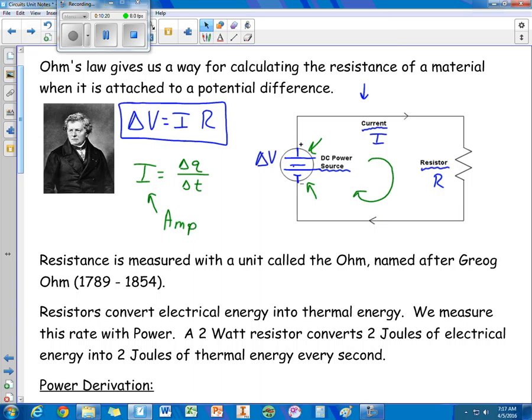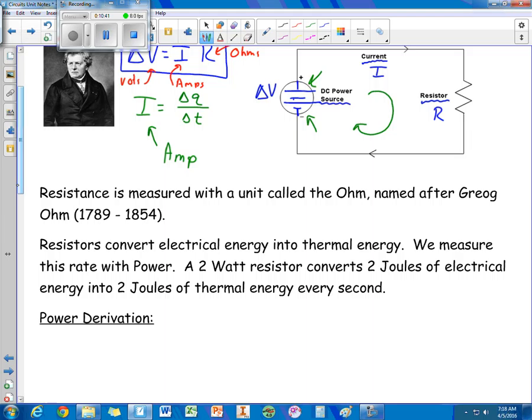So, with our Ohm's law, the V is in volts, the I is in amps, and the R is in ohms. With the ohm, we do use the omega symbol for the symbol for ohms.